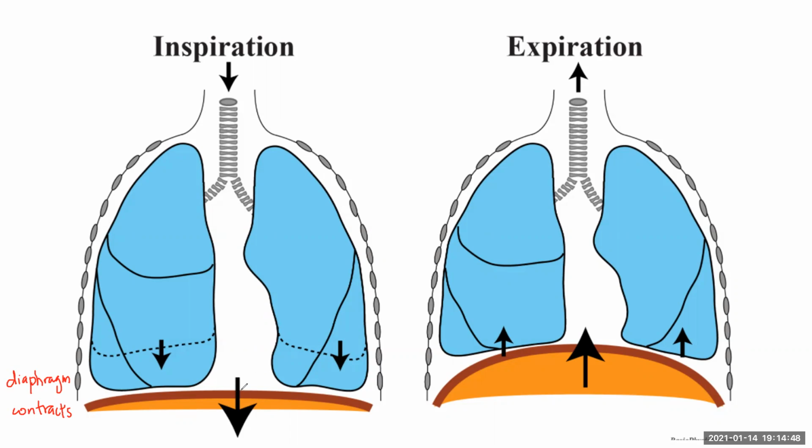This causes the diaphragm to flatten. At the same time, the intercostal muscles contract. This causes the rib cage to move up and out.